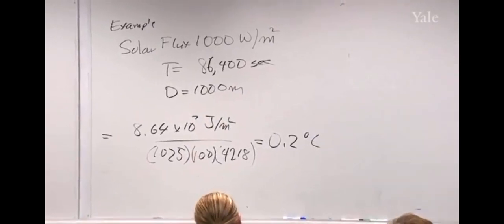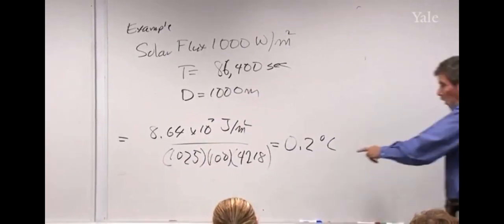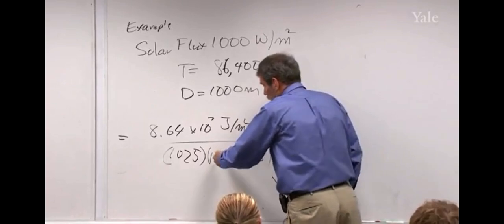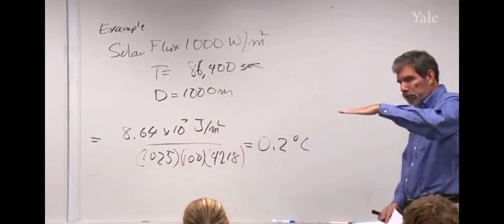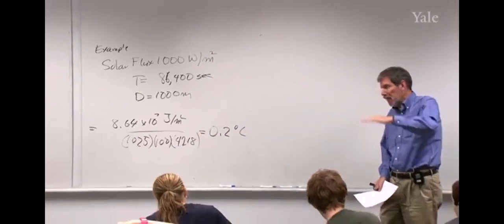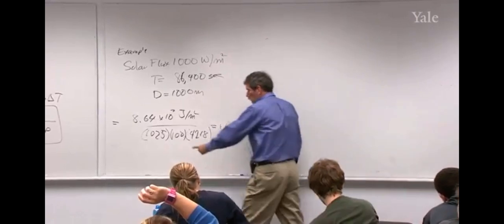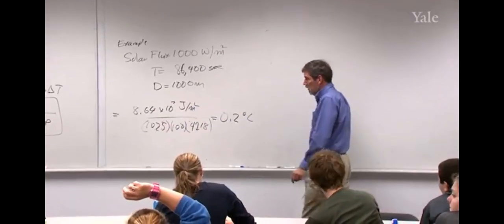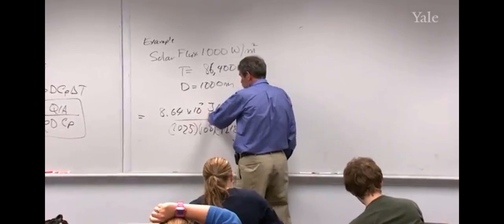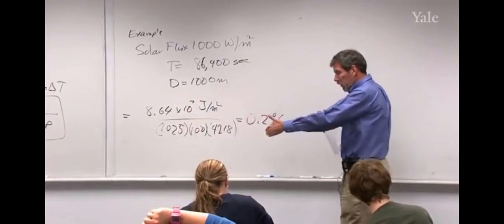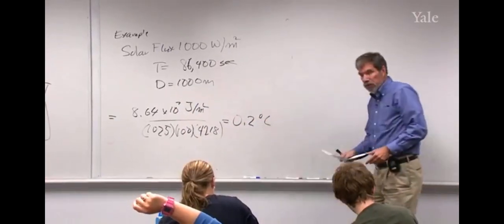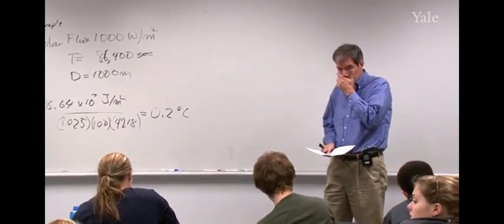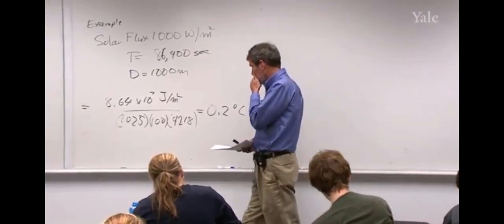So the warming turned out to be pretty small because that heat got distributed over a pretty great depth, and the mass of that water is large and its heat capacity is large. So although I put in almost 10 to the 8th joules for every square meter, the rise in temperature was pretty small.